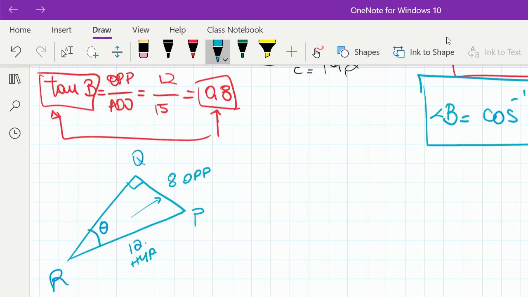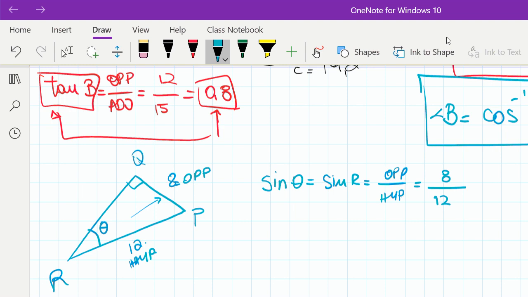So then you will ask yourself, what is the trig ratio that relates opposite and hypotenuse? And it is sine. So sine of angle theta, or sine of angle R, is equal to opposite over hypotenuse. And opposite in our case is 8, over hypotenuse is 12.